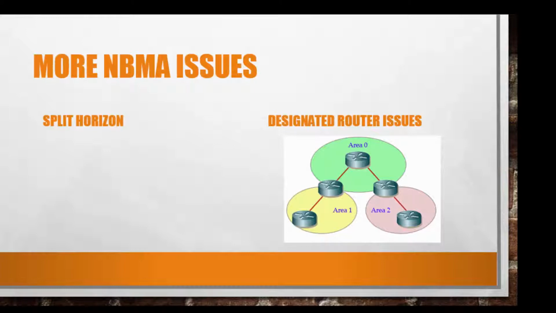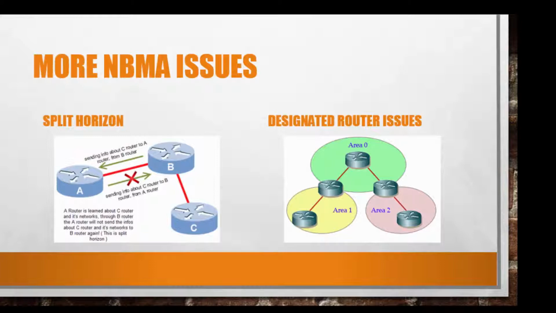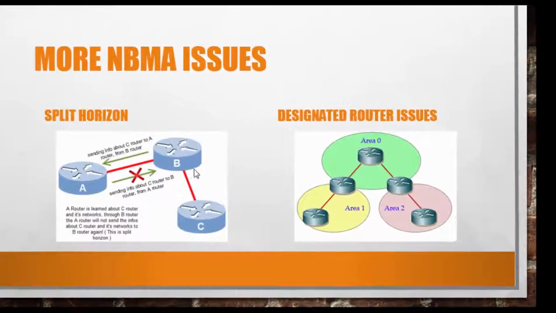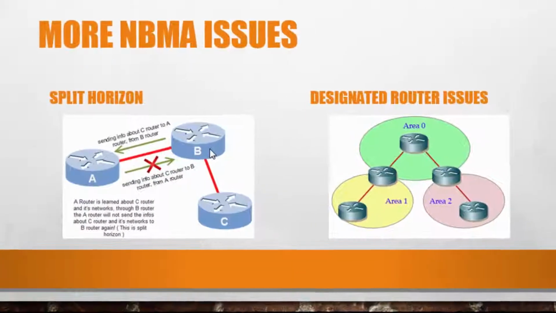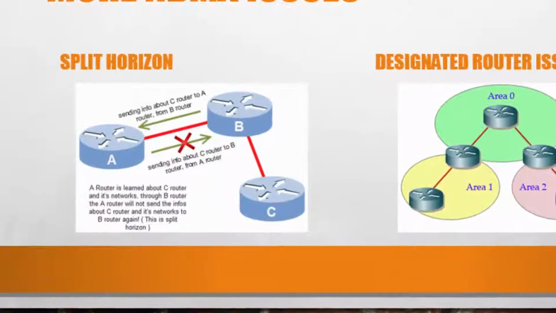For example, when we have split horizon. In split horizon, basically what it says is that routes learned on an interface are prevented from being advertised back out on the same interface. For example, you see over here, router A learns about router C through router B, but it cannot advertise it again.